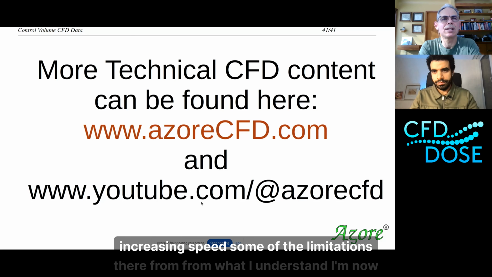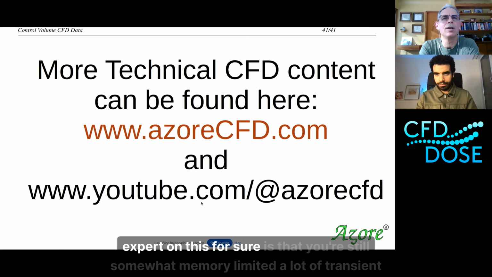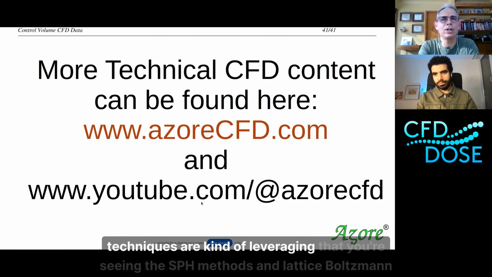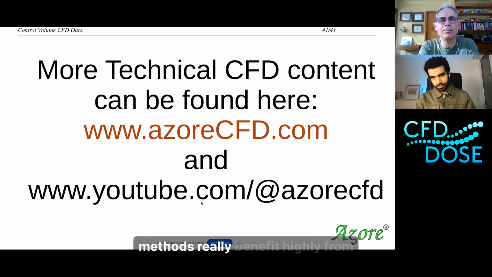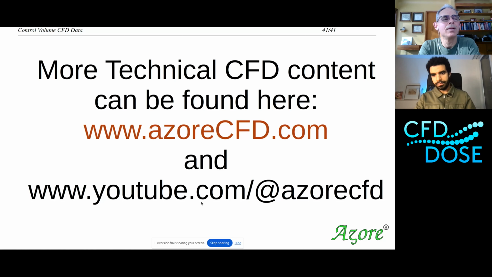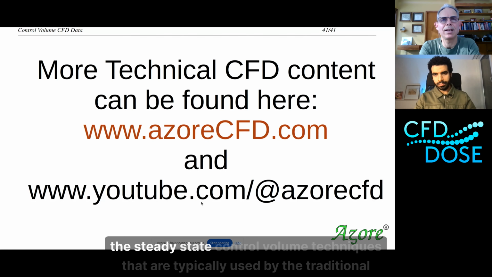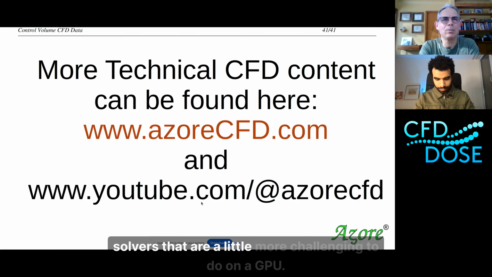Some of the limitations, from what I understand, and I'm no expert on this for sure, is that you're still somewhat memory limited. A lot of transient techniques leverage that, and you're seeing the SPH methods and lattice-Boltzmann methods benefit highly from the GPU because they don't need to invert a matrix as heavily as the steady state control volume techniques typically used by the traditional solvers, which are a little more challenging to do on a GPU.